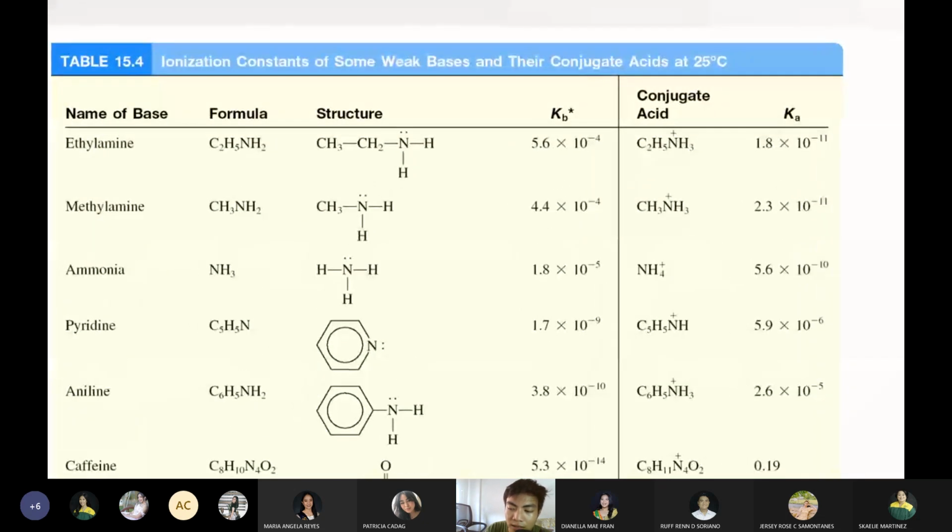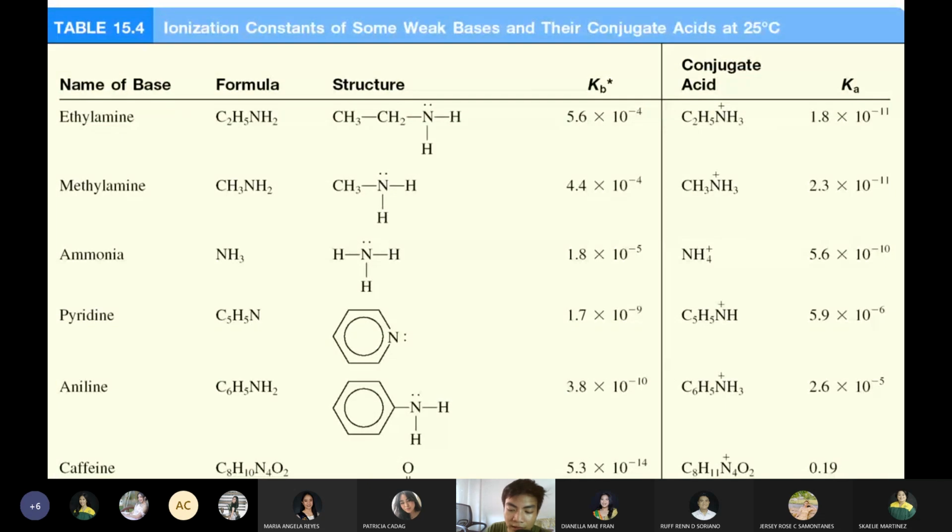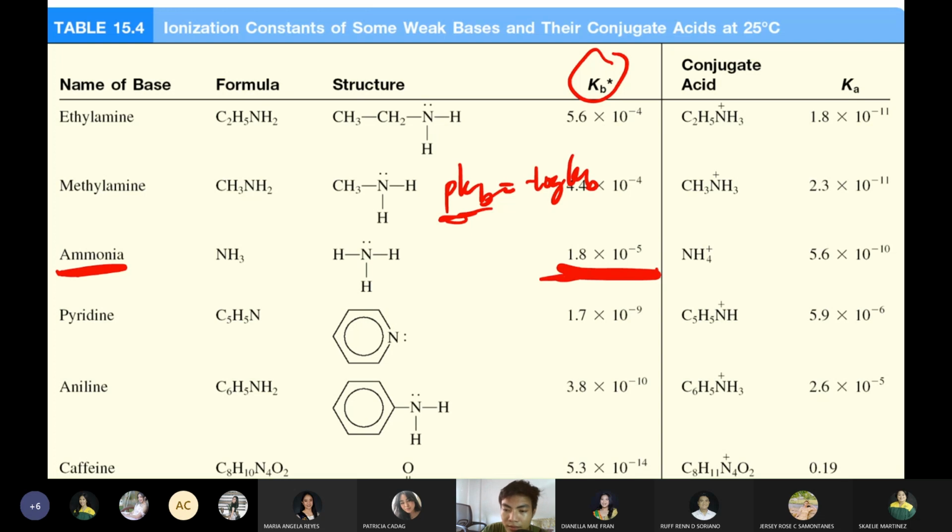So on this table, we have the Kb table of different bases. So for ammonia, that's 1.8 times 10 raised to negative 5. Yan yung Kb natin. To get the pKb, that is just the negative log of Kb. Okay, so kukunin natin yung pKb from this.